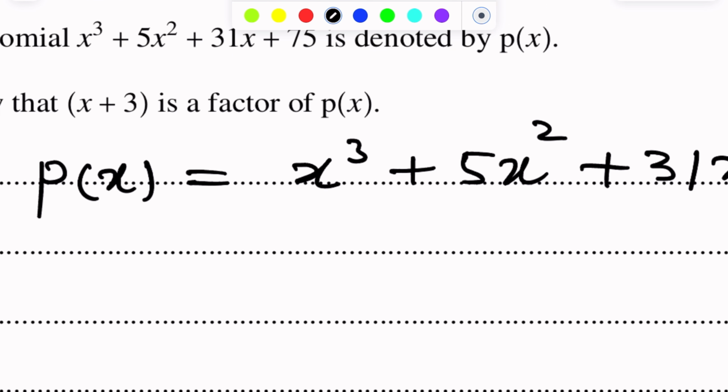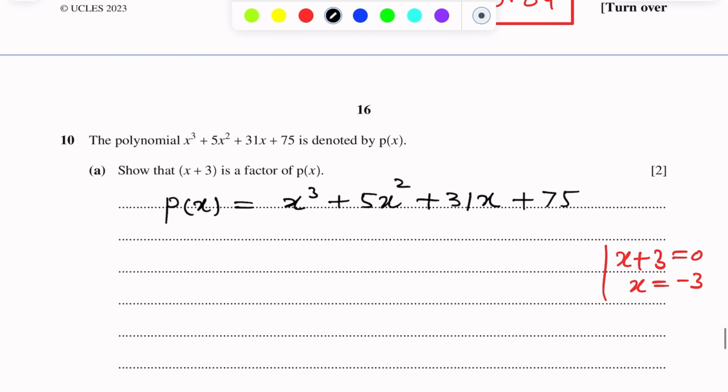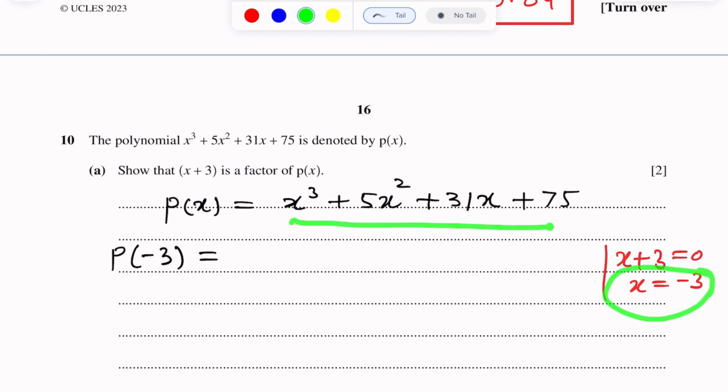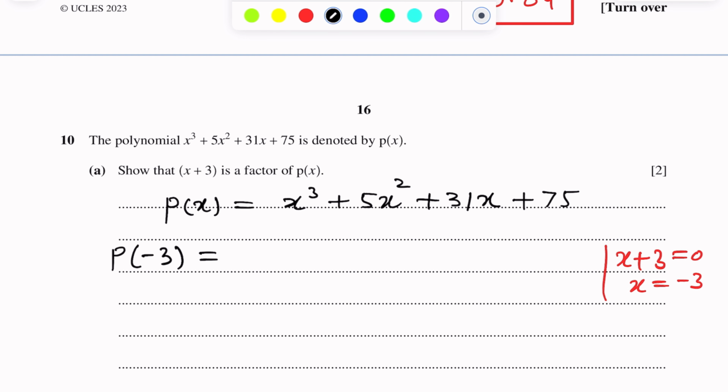Now in place of x we will put minus 3. On the right hand side the number must be equal to 0 because x plus 3 is a factor of p(x). Putting the value of x equal to minus 3, we get (minus 3) cubed plus 5 into (minus 3) squared plus 31 into (minus 3) plus 75.